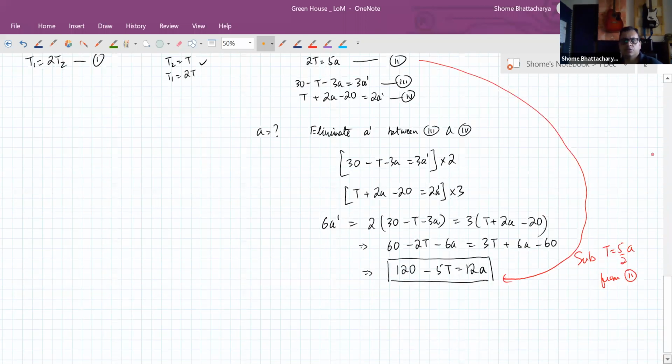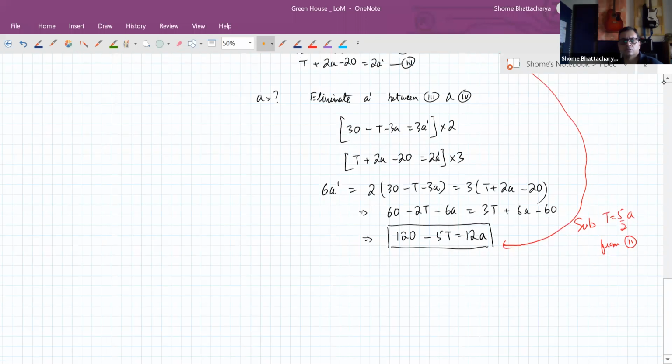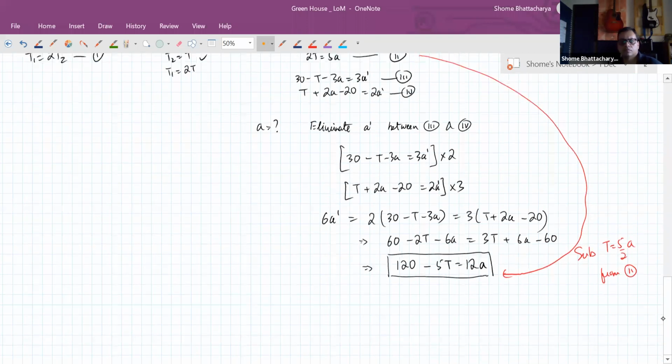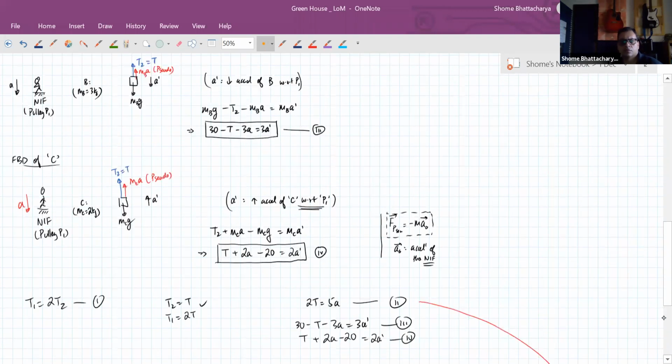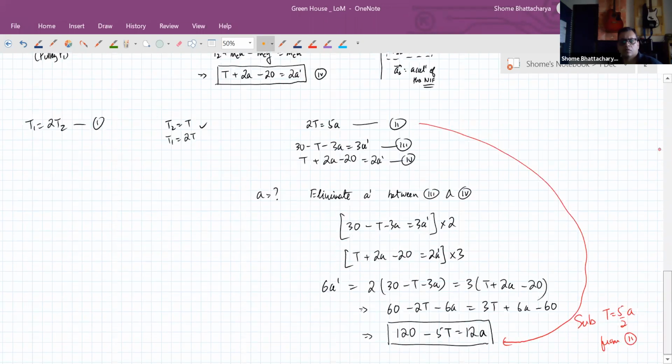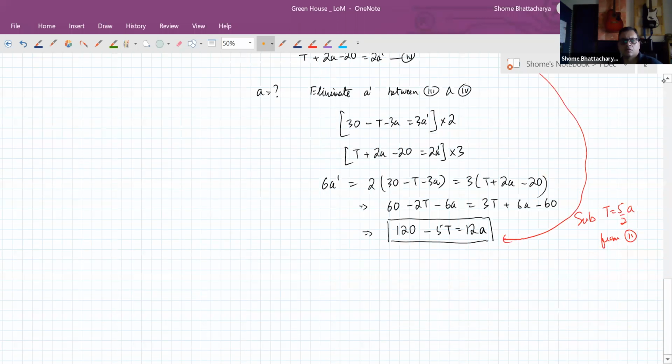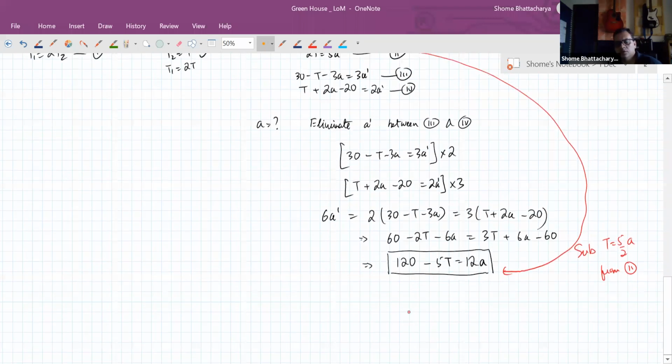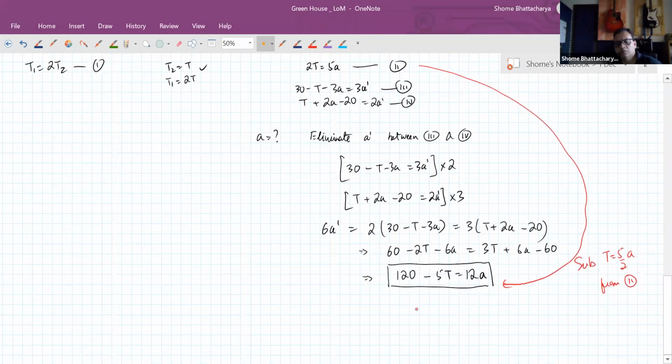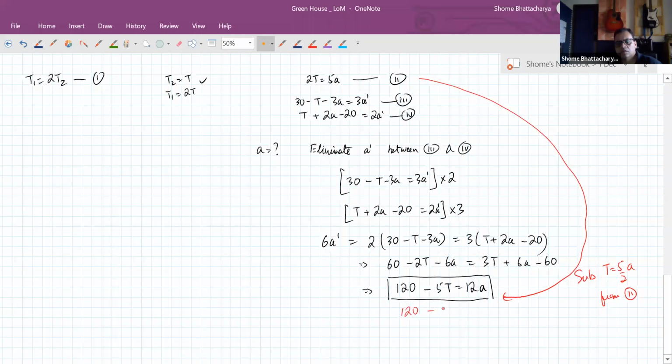So on doing this substitution, we'll get 120 minus 25 by 2A is equal to 12A.